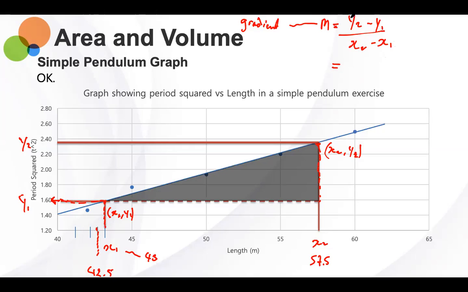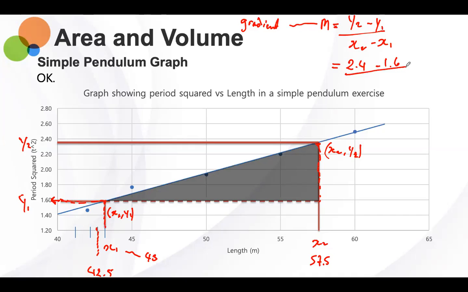What is our value for y2 again? 2.4. So we have 2.4 here, minus 1.6.